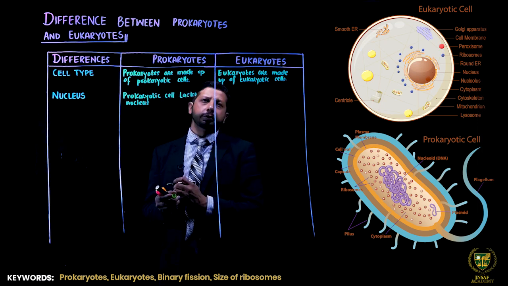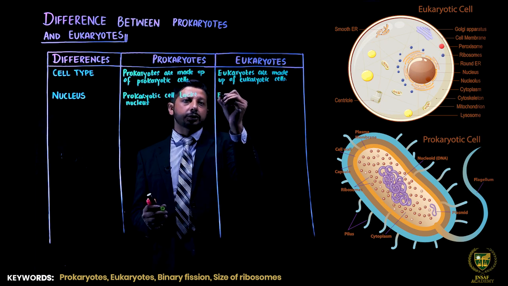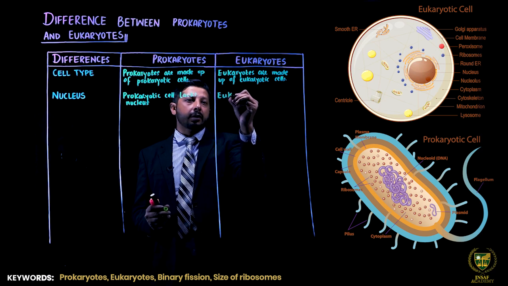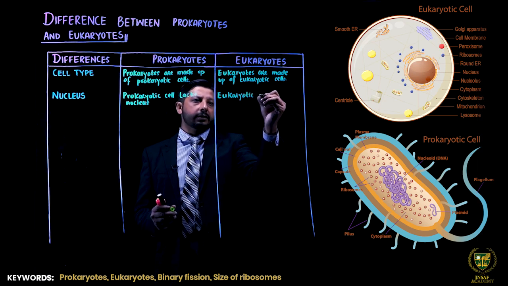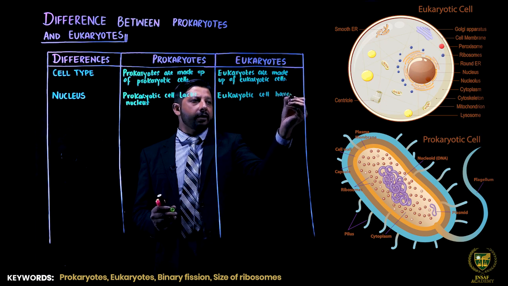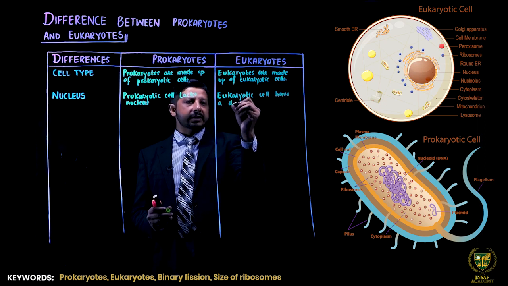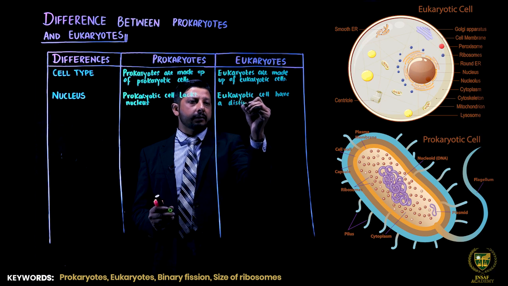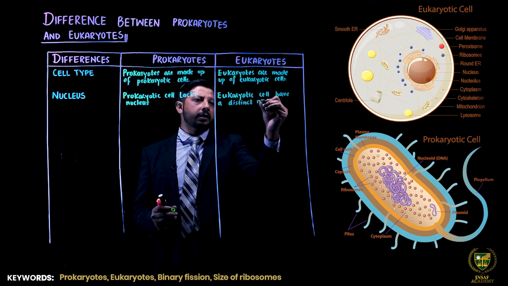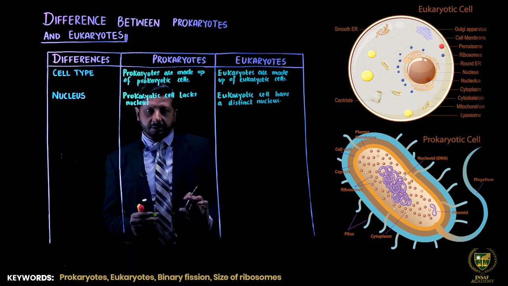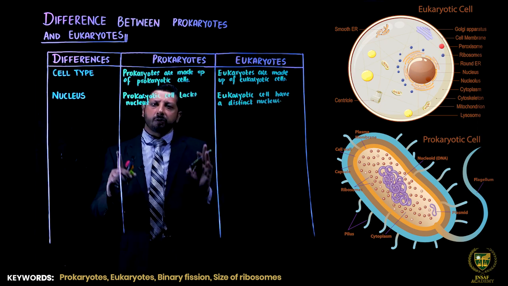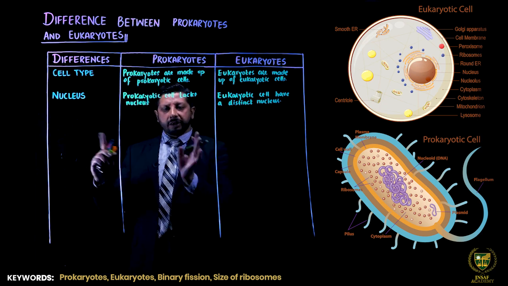And as far as the eukaryotes are concerned, the eukaryotic cell has a distinct nucleus. A prominent nucleus is there. So that is the major difference which you have been learning in the previous grades.